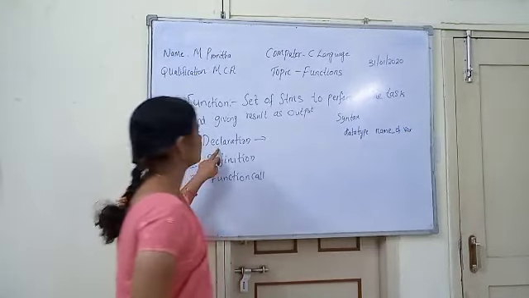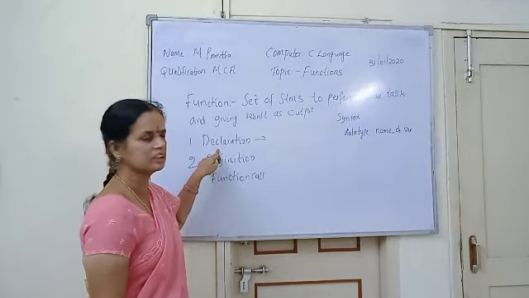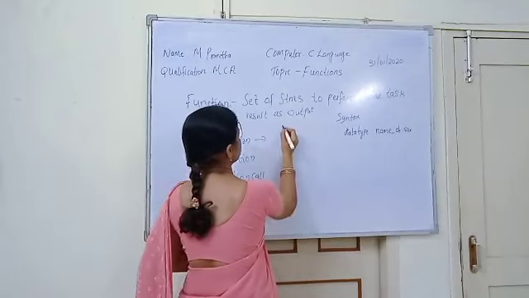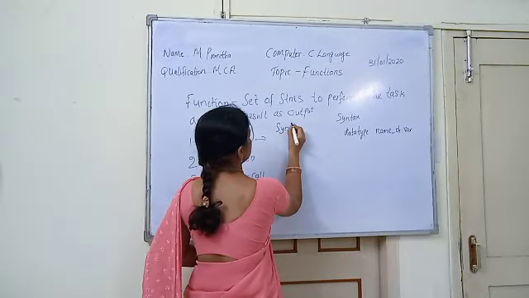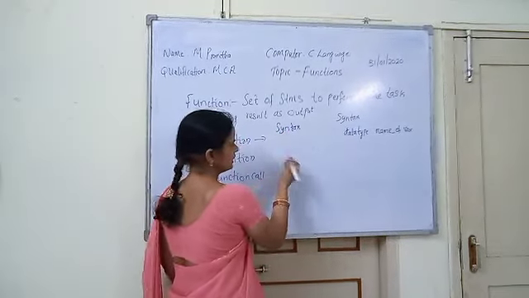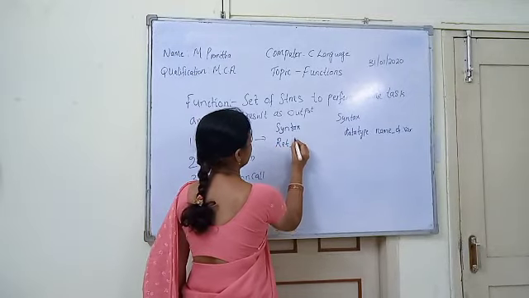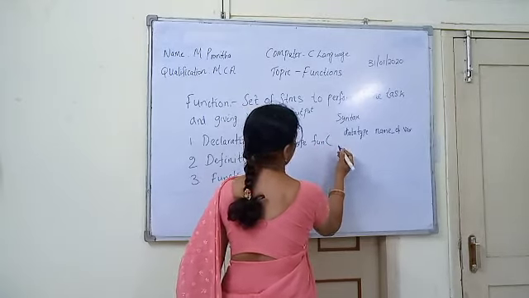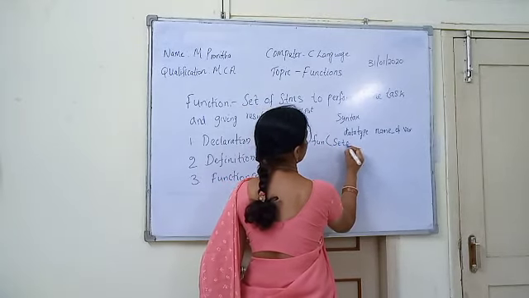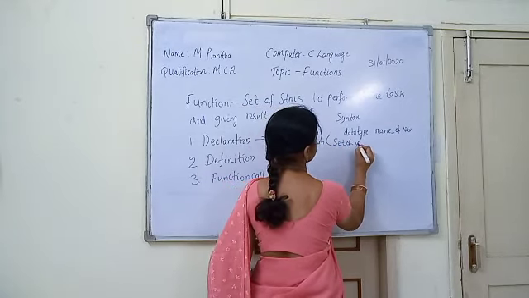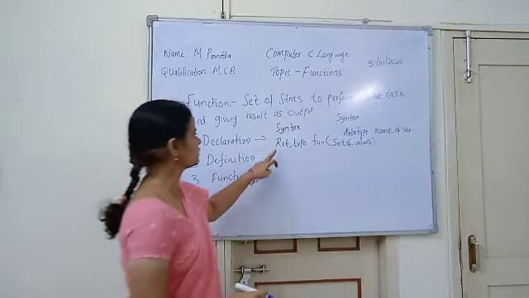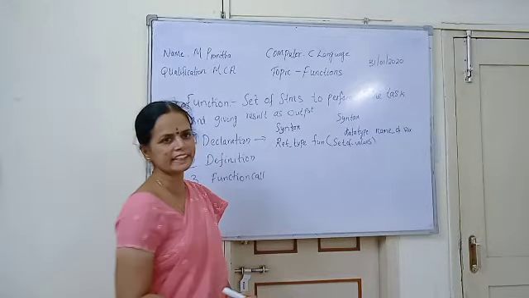Similarly here, whenever we are declaring a function, we should also follow some syntax. The syntax for a function is its return type, function name and a set of values. So this is the syntax for creating a function.